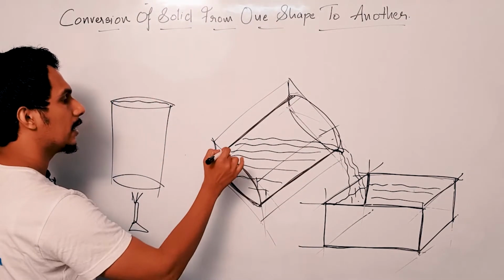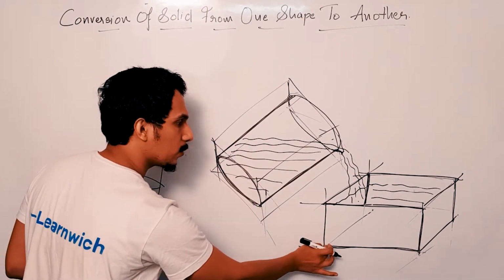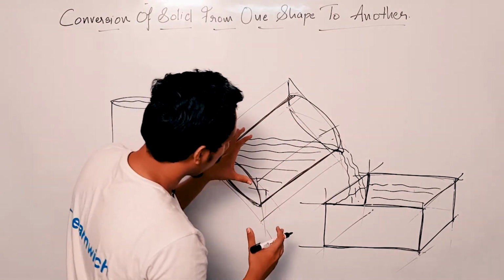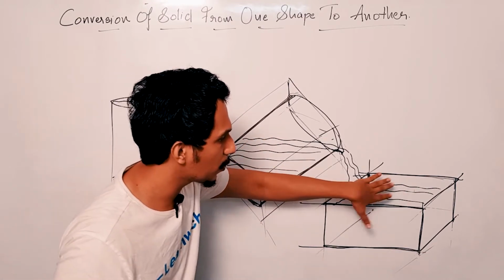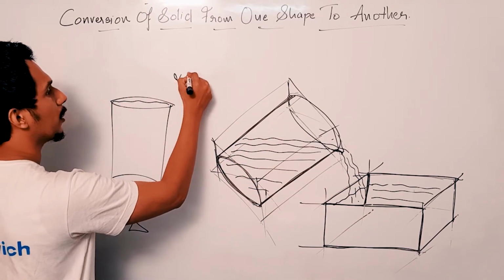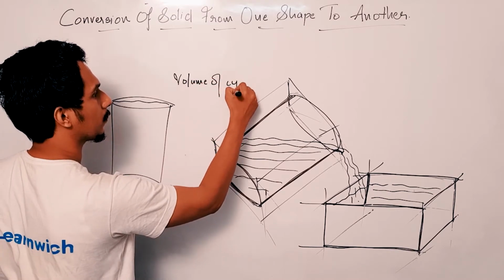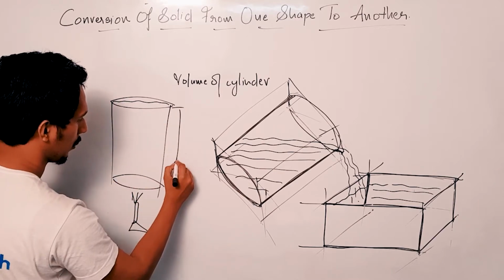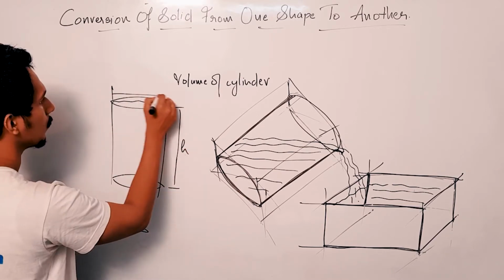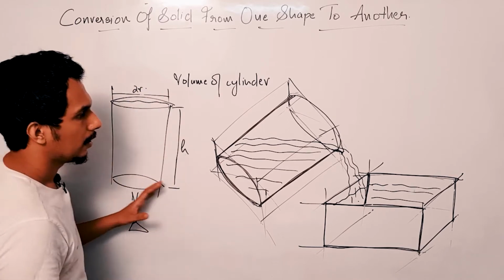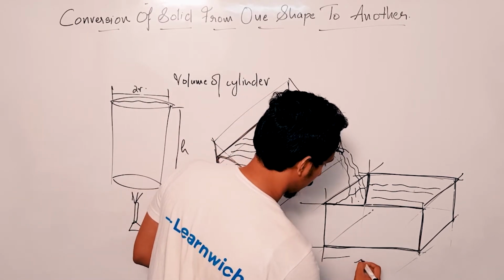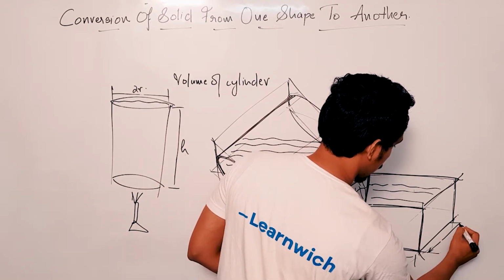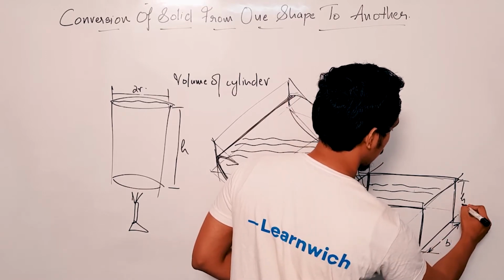So tell me, will the volume of this cylinder be equal to the volume of this cuboid? Because I'm tilting this whole vessel and the whole wax from this cylinder will fill this cuboid. Say this cylinder had a height h and some radius r, and this cuboid had a length, a breadth and some height.